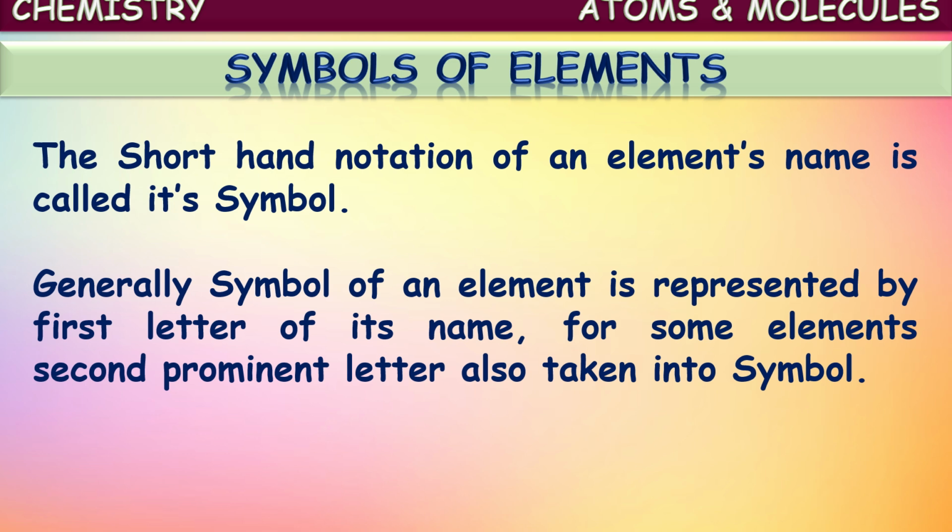That prominent letter may be the second letter, the third letter, or the fourth letter along with the first letter. That means while naming the element, whichever letter is more prominent in that name is considered along with the first capital letter. This is considered when the same capital letter is repeating for an element.